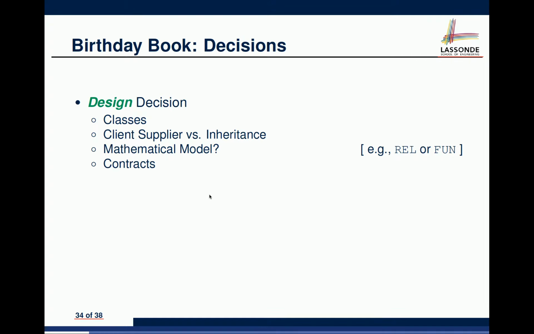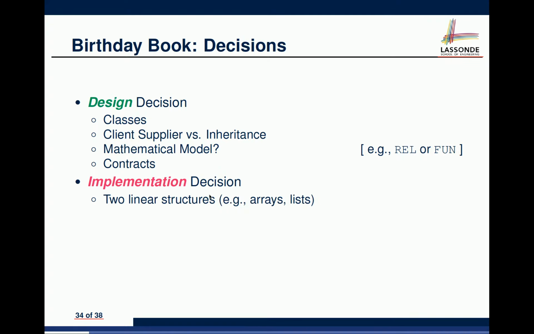Contracts, okay? We want to know what contract we should write. I think logically you are totally ready, right? Given the exercise we did just a few moments ago. Implementation decision, let me mention that briefly. It's not exactly the scope for this course, let's just mention that in the context. So now you may implement using two linear data structures, array and linked list.